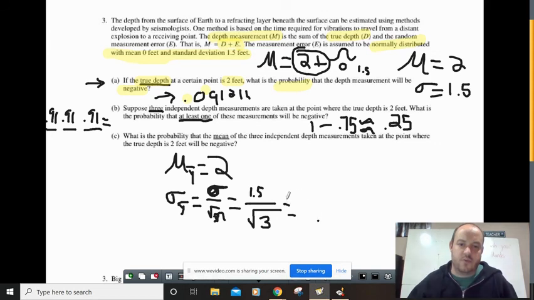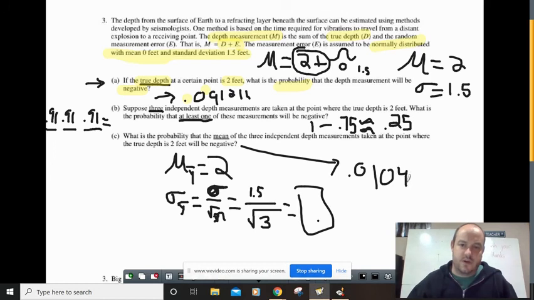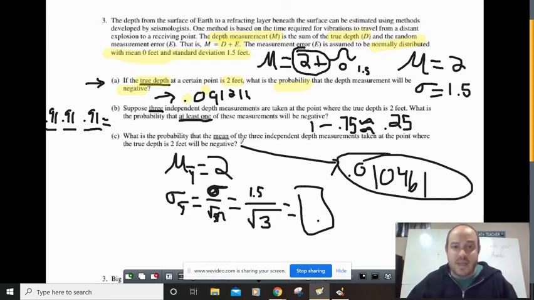So, whoa, that's not that guy. We already found that. The actual answer to this question is 0.010461. All right. So again, that's your final answer. The mean of the three independent depth measurements would be negative.